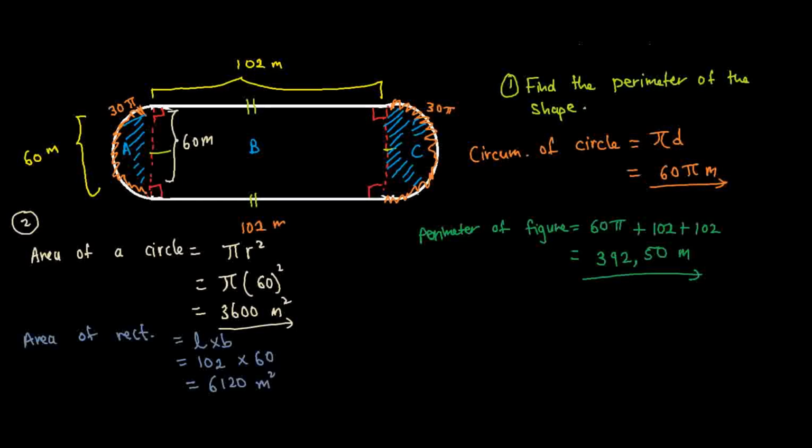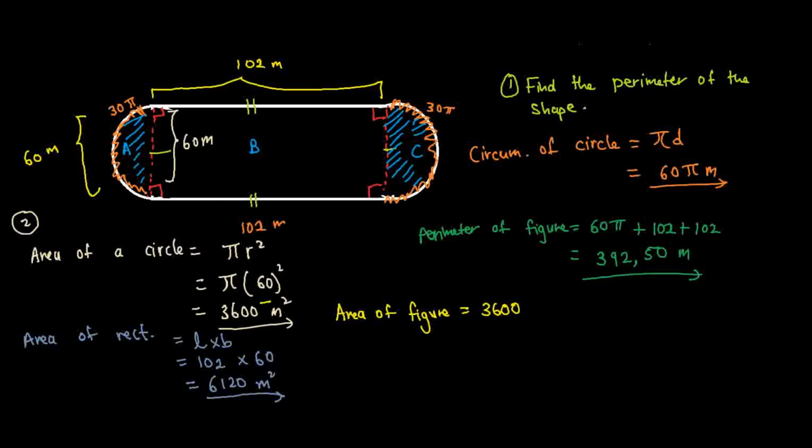So what is the area of the entire figure? What is the area of the entire figure? The area of this figure is equal to the area of the circle, which is 3,600.